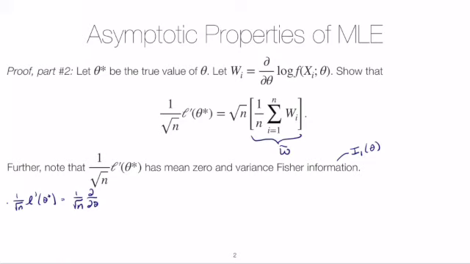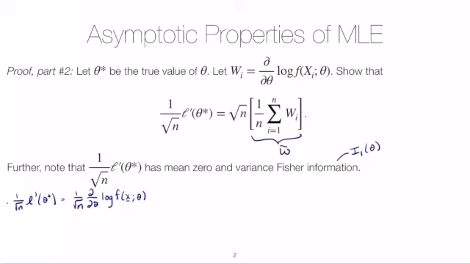So the partial derivative with respect to theta of the log of the joint PDF or joint likelihood. So that's just using this alternative notation.